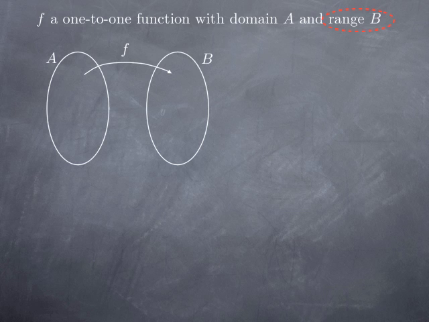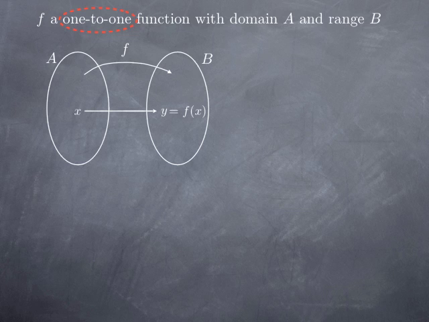In other words, if I pick a y in the set B, then it is a value that the function f takes. In other words, there is an x in A that is mapped on y. But the function is 1 to 1, and therefore there is at most one x that is sent to a given value. So that means this x that is mapped on y is unique.